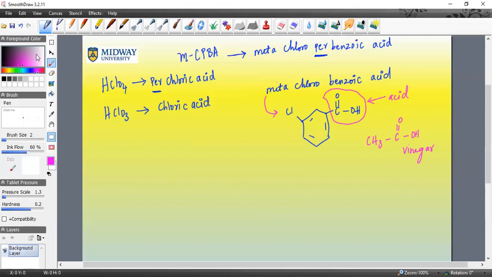So let's go ahead and write metachlorobenzoic acid. So this is metachlorobenzoic acid, which is similar to the chloric acid. And if you write metachloroperbenzoic acid, the per has to be accounted for. So the chloro is still where it is. Everything looks the same, but if you notice, there's that extra oxygen.